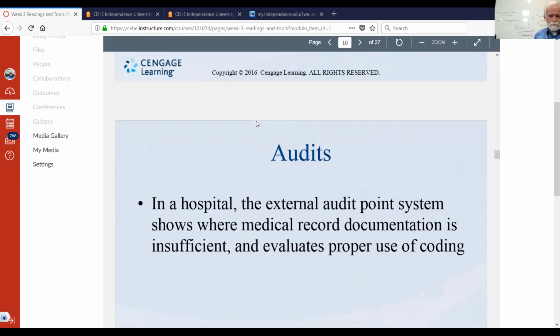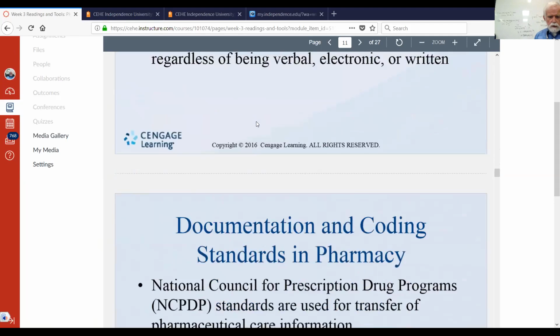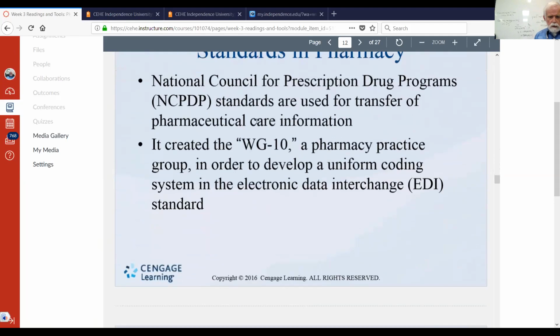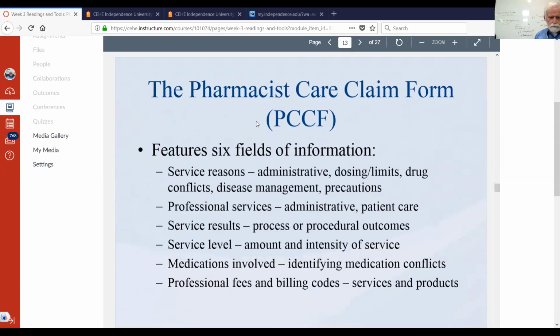We use a point system to grade our facilities, whether they're hospitals or pharmacies or whatever, to show how thoroughly we're taking care of all of this. We talked about HIPAA. And the pharmacist care claim form for anything that's done.